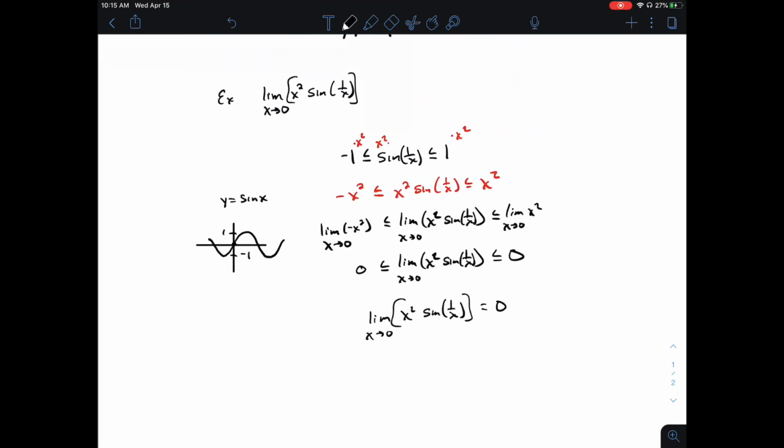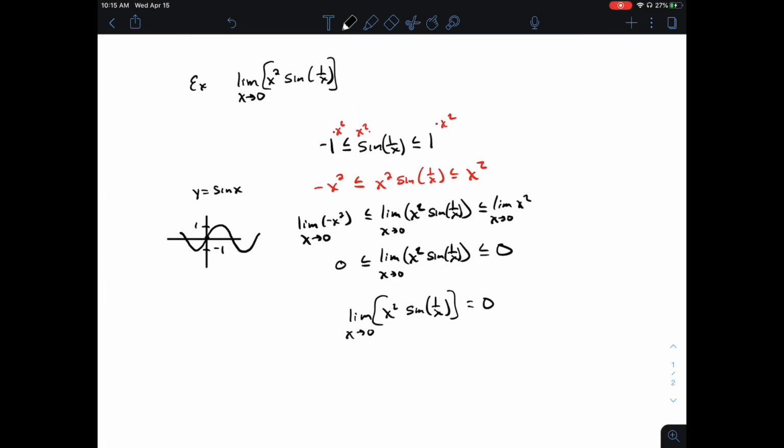Now here's the nice thing about the squeeze theorem. You won't need it on the AP test. In all the years that the AP test has existed, they have only asked about the squeeze theorem one time, and they didn't call it by name. It was a problem that could have been done by the squeeze theorem. And that was last year, that's true. But the students' performance on that was terrible.